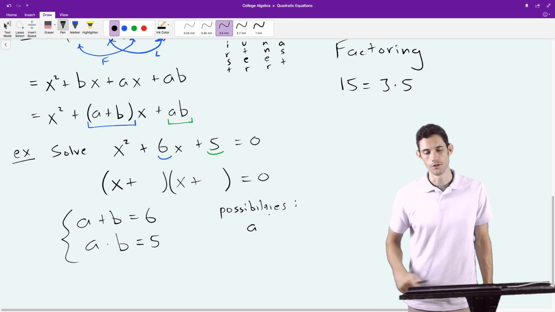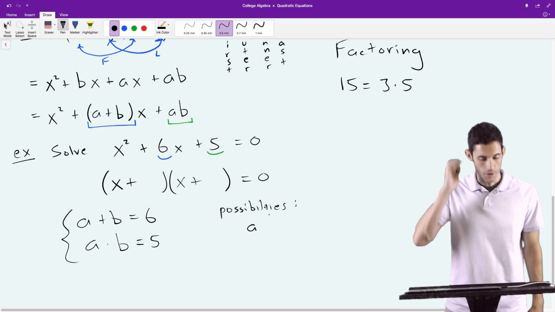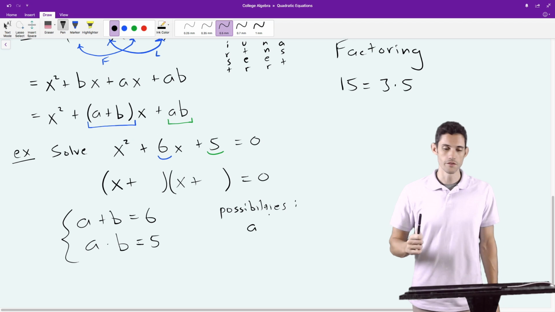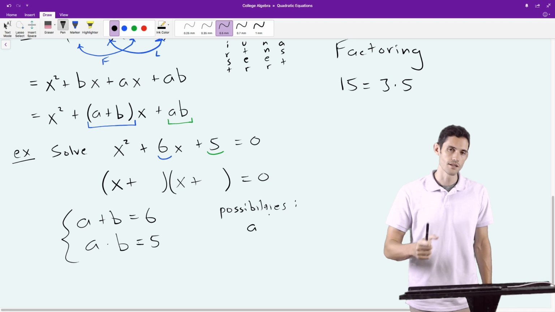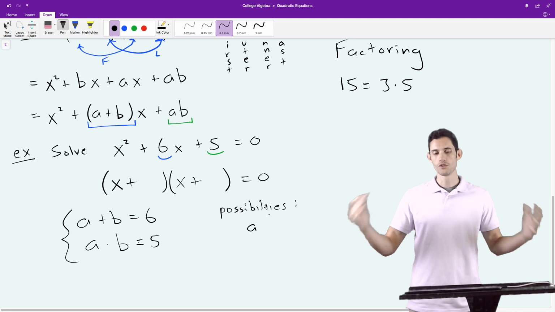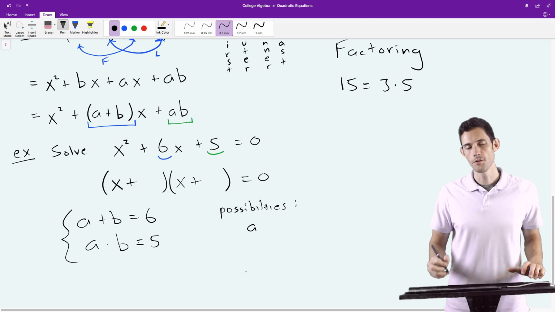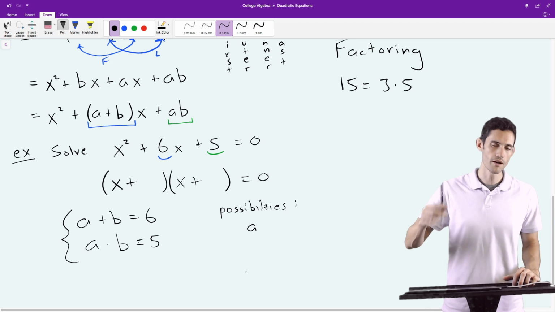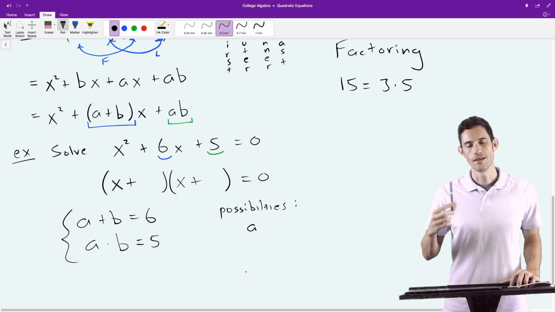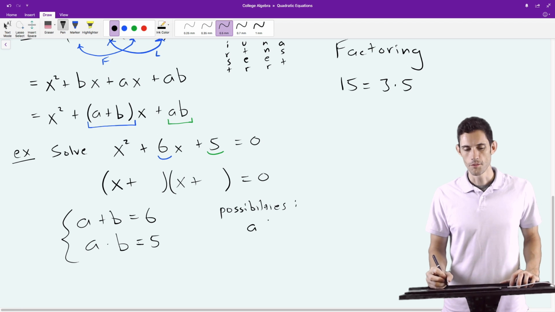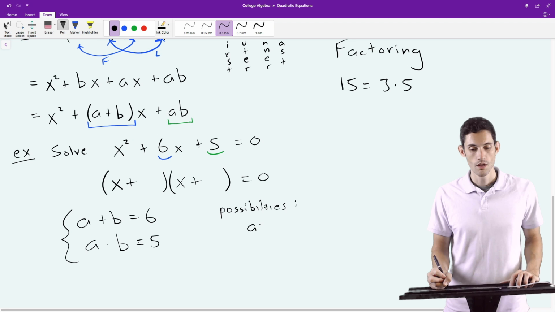Maybe you're thinking of those two numbers right now. Now if I were to go the other way and try to write down a bunch of numbers that add together to give me 6, I would have a huge list and it would take a lot more time. So just keeping in the back of my mind that this problem's coming out of a textbook probably, and the answer is not going to be too difficult, I'm going to write down all the numbers that I can multiply together to give me 5.